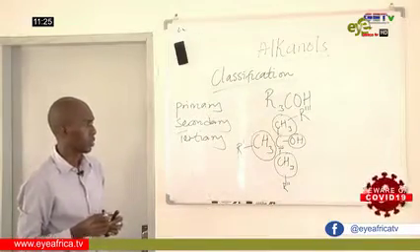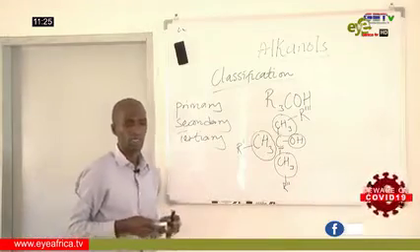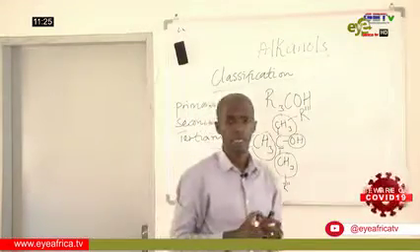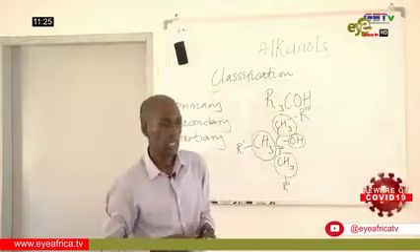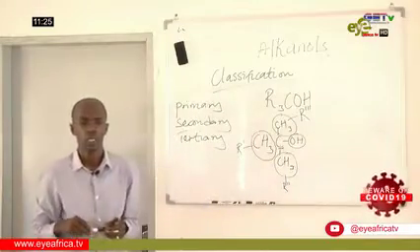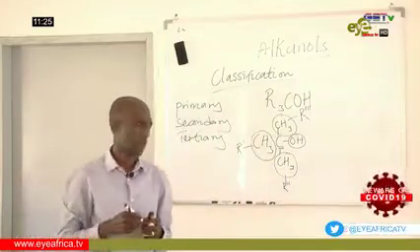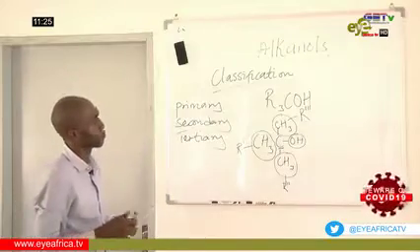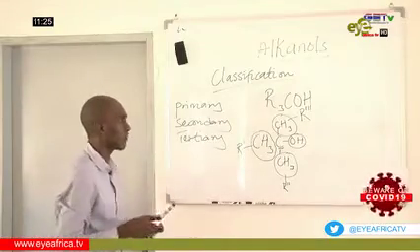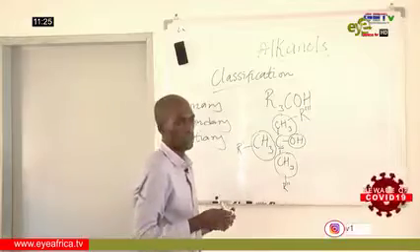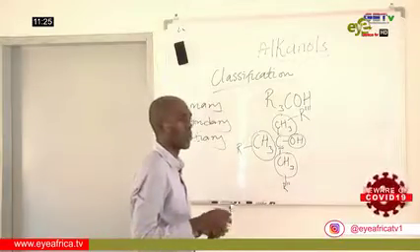Okay. So this is how we classify alcohols based on the R groups attached to the carbon that bears the functional group. But another thing we can use to classify alcohols is the number of hydrogen atoms.